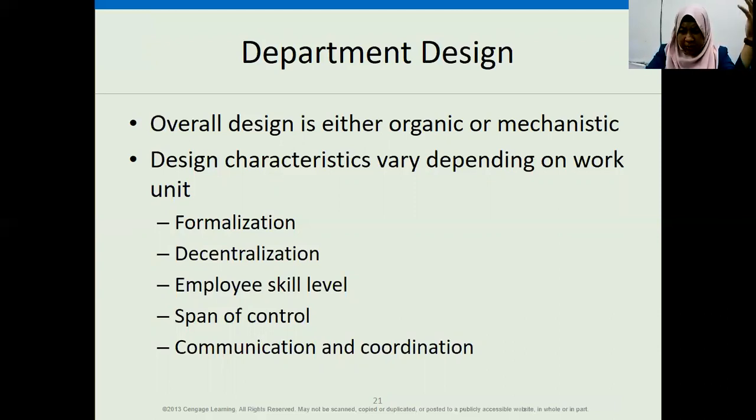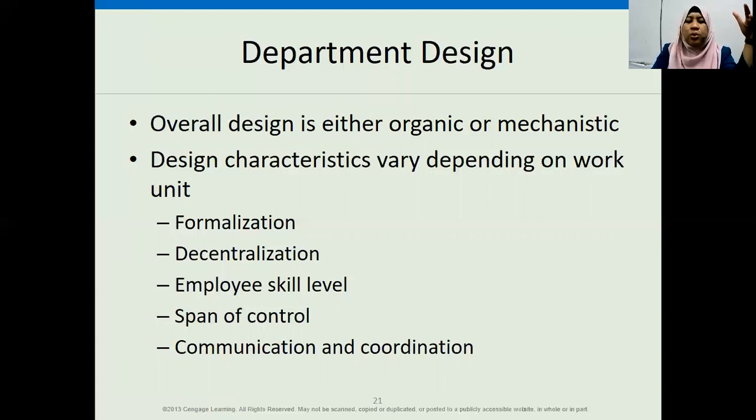I don't remember if it was topic 2 or 3, but we were talking about how the company has been designed on formalization, how it can be decentralized, and the skill of the employees, and the span of control, whether people are below you, how you can command and instruct them, right?